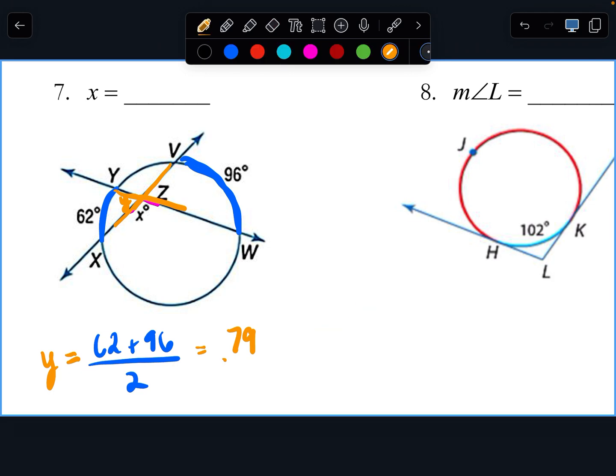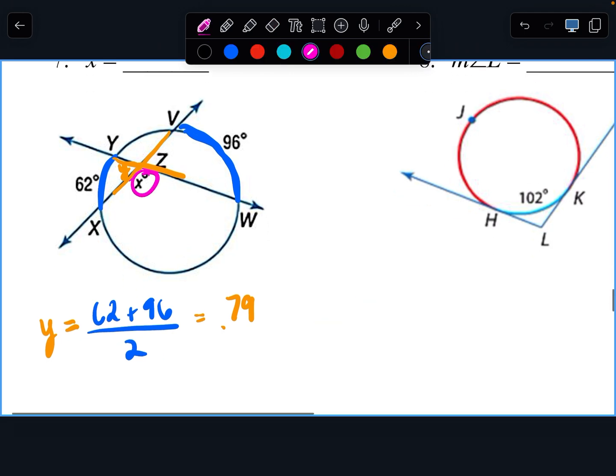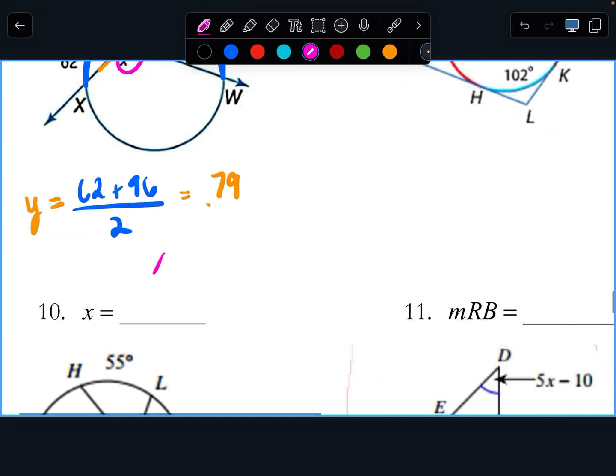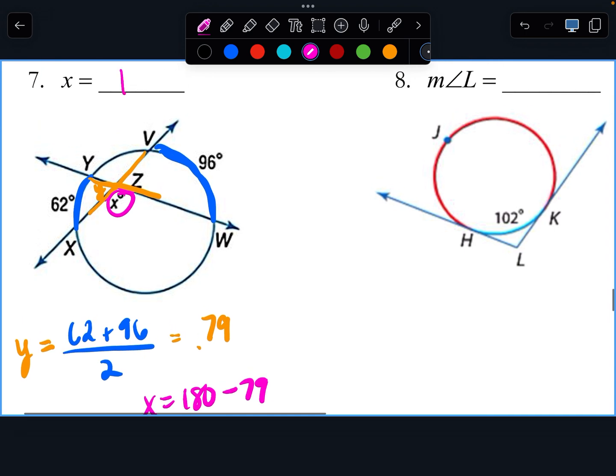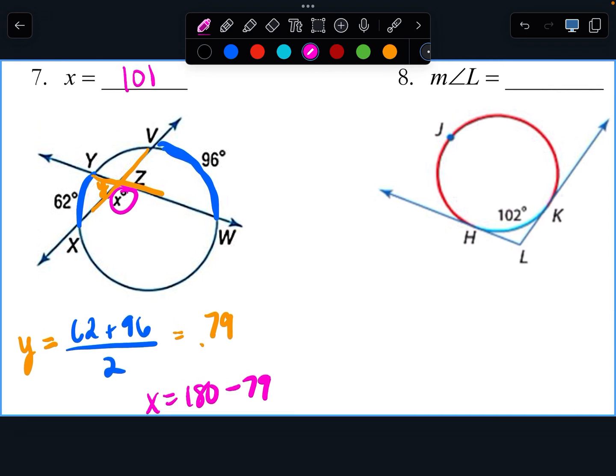So then to get the x, the real answer, you're going to do an extra step. You're going to do x equals 180 minus 79. So you get 101. So keep in mind that's a thing, and you can do that. Okay.